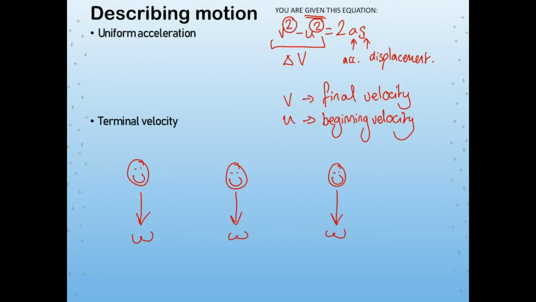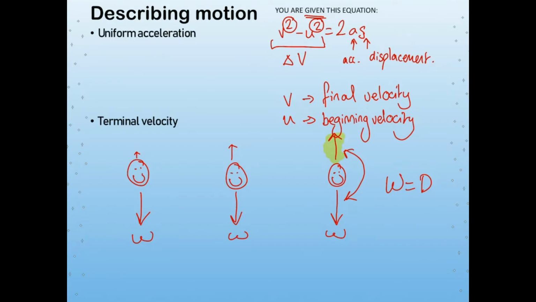But what will change is as he starts moving faster, he's going to get more and more air resistance developing. So he's jumped out of his plane, he's getting faster and faster. When these two forces are balanced, when he's going so fast that his air resistance has ended up equaling the force that's pulling down his weight, so when his weight and drag are equal, he's no longer going to accelerate.